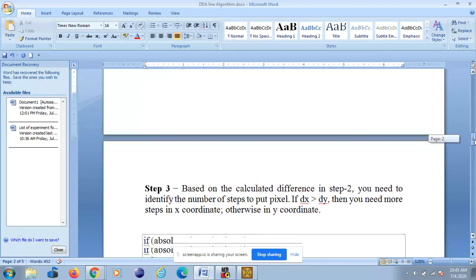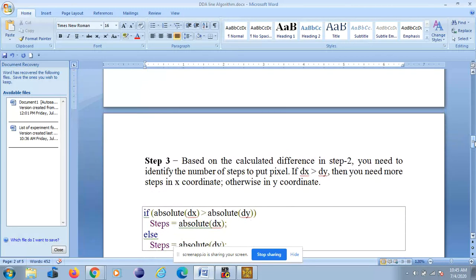Step 3: based on the calculated difference, we need to identify the number of steps to put pixels. If dx is greater than dy, then we need more steps along the x coordinate. Otherwise, if dx is less than dy, we need more steps along the y coordinate.